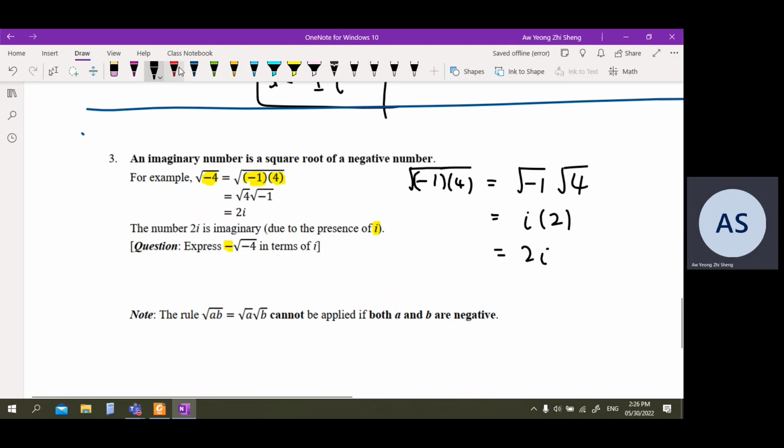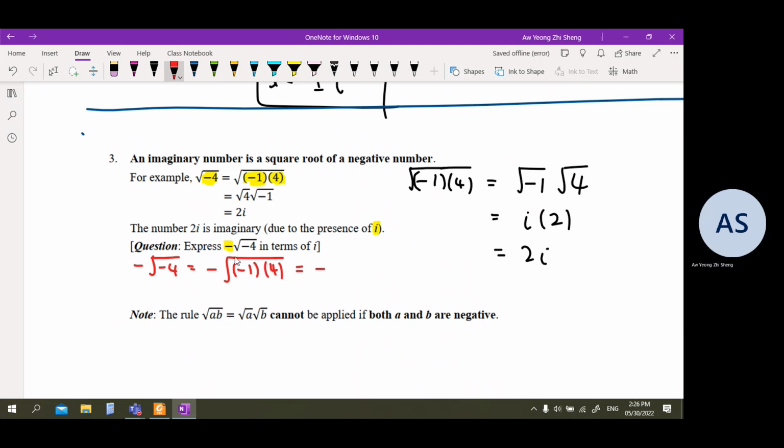So if we are asked to simplify this number, what do we do? The negative at the outside we leave alone, as mentioned just now. The -4 inside is interpreted as -1 times 4. Then the square root can be distributed over multiplication, so I have the square root of -1 times the square root of 4, with the negative at the very front still there.